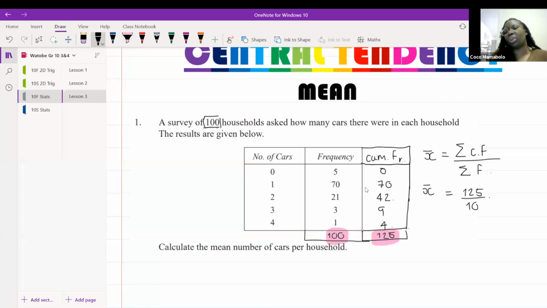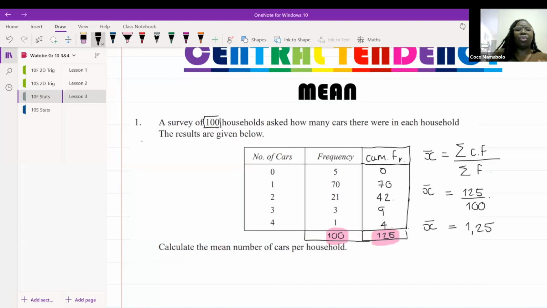So we just need to go to our calculator and put all of this together. The average cars per household is how many? The answer is 1.25. Beautiful. 1.25. And that is our mean.